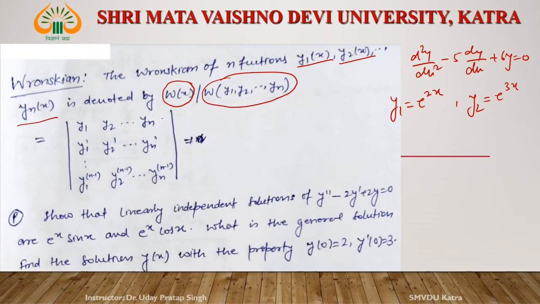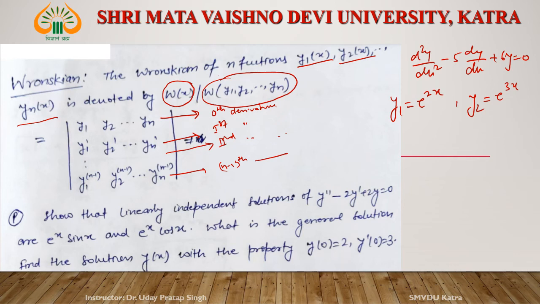First row is y1, y2, yn, which is the zeroth derivative. The second row is the first derivative, the third row is the second derivative, and the nth row is the n minus 1th derivative of y1, y2, yn.